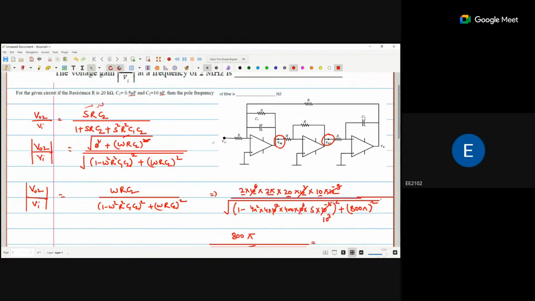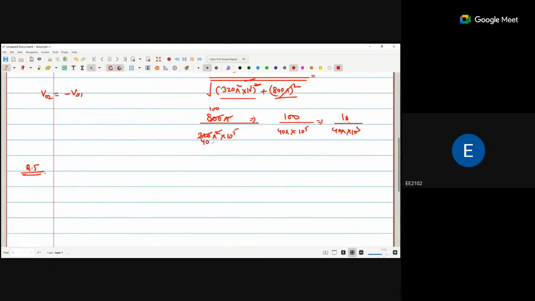So minus R by R will be cancelled out, so V naught 2 is minus V naught 1. So for V naught 1 upon Vi, we are getting the same formula as SRC2 upon 1 plus SRC2 plus S square R square C1 C2.